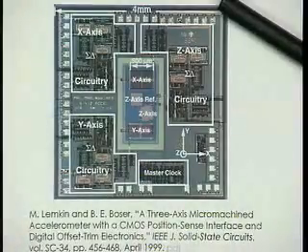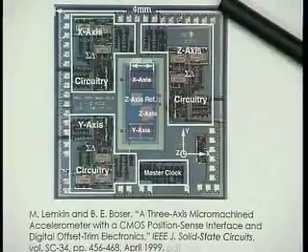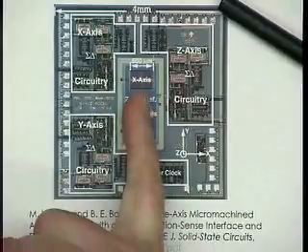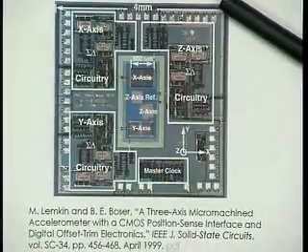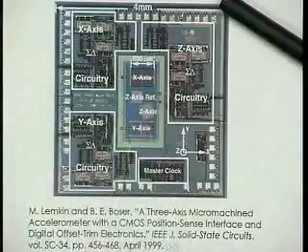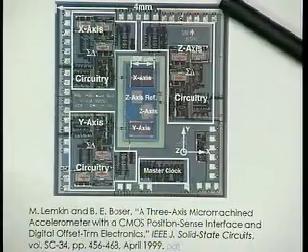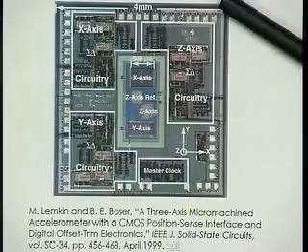Now, why is it interesting and challenging to build an analog circuit for such an application? Well, these things move around pretty much nothing at all. In fact, the motion of these plates is far smaller than an angstrom for the accelerations that we want to detect. In other words, what's the distance between two atoms in the silicon crystal?